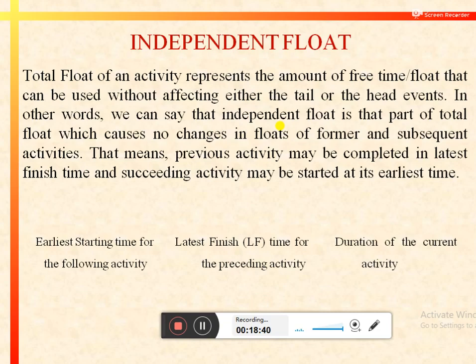In other words, independent float is that part of total float which causes no changes in floats of former or subsequent activities. That means the previous activity may be completed in latest finish time, and the succeeding activity may be started at its earliest time. So independent float is not going to affect either the succeeding activity or the former activity.